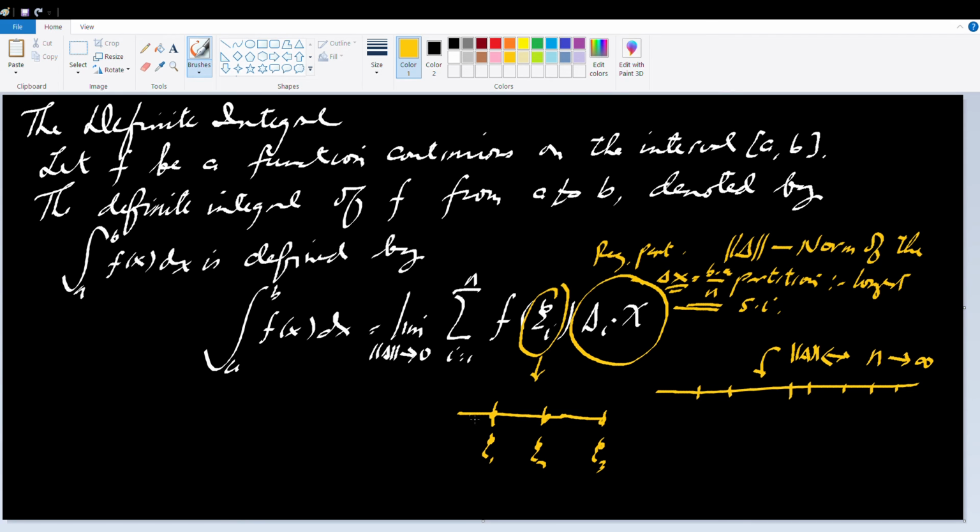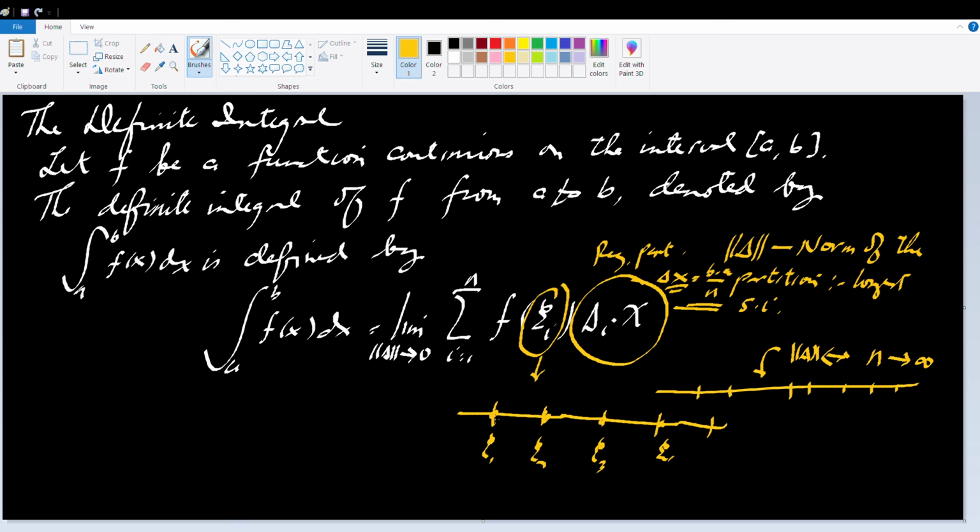Or you can use all the left endpoints: c sub 1, c sub 2, c sub 3, and c sub 4. Just for us to simplify the Riemann sum, we use regular partitioning, and in choosing the point c sub i, we choose the same location for each subinterval. Let us be consistent in our selection of c sub i.